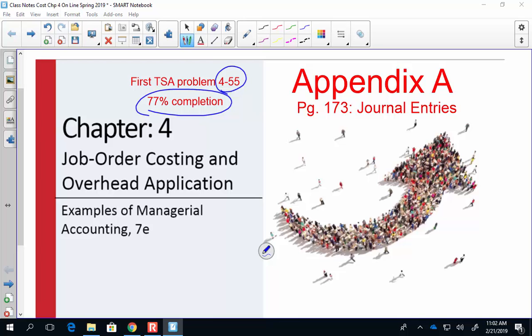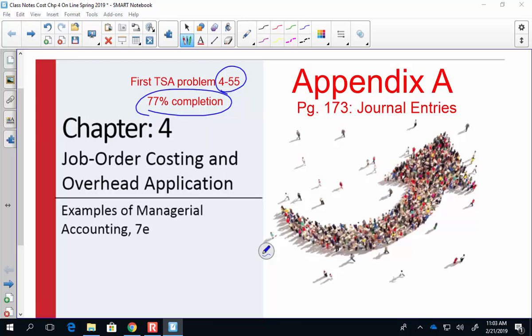Also found in this chapter is the overhead application. This is the first time that we've done this, so that's new also in chapter 4. And basically remember, overhead is our manufacturing overhead, and it's those indirect costs that are attached to our cost object, our product costs.